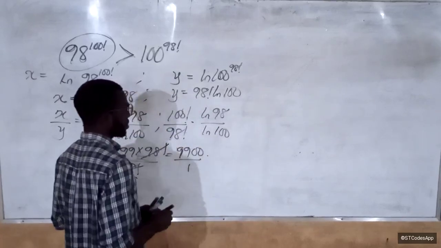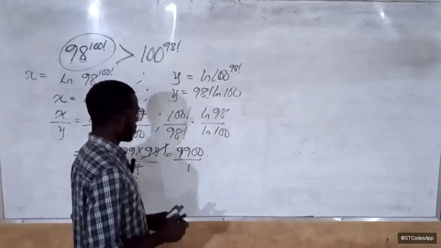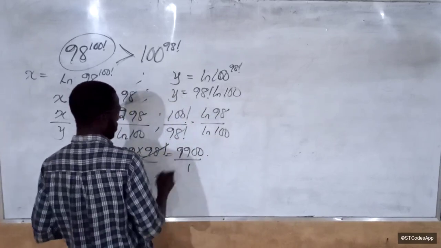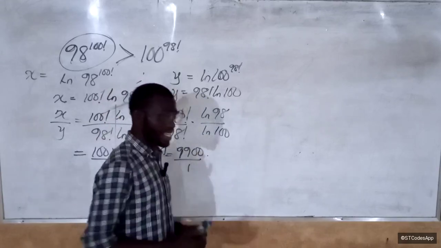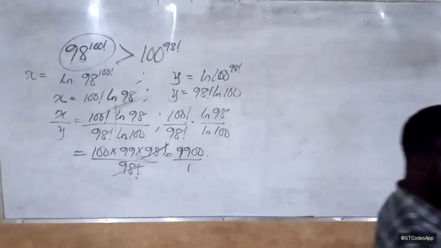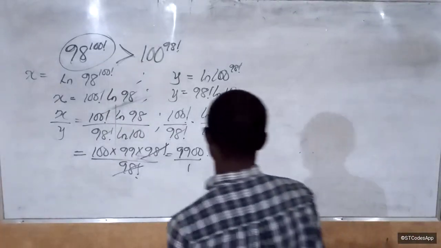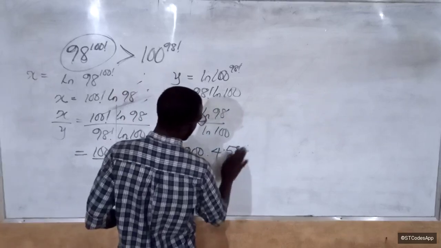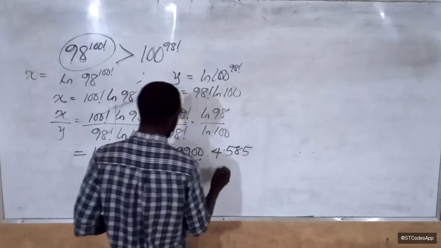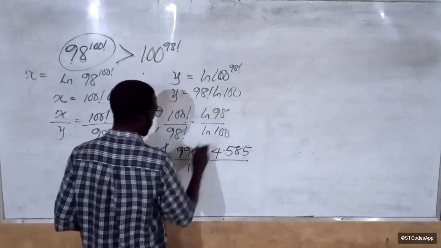What is ln 98? Ln 98 is 4.5849, so that is 4.585, over ln 100.